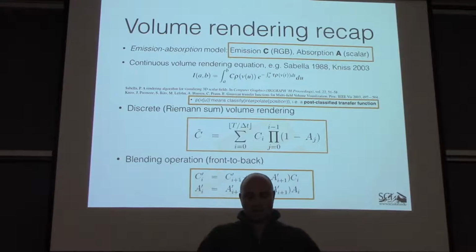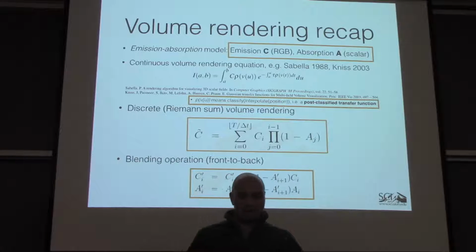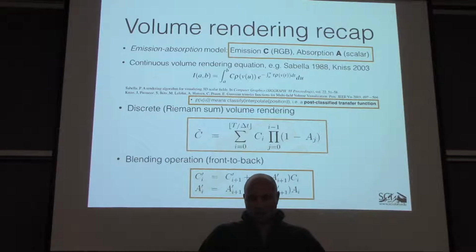But the basic idea here is that you have two nasty nested integrals, and you want to find a way of turning that into a discrete summation of some kind. And that's exactly what we did in the last lecture. We converted that into a discrete Riemann sum, the sum of a product of essentially alpha blending operations.